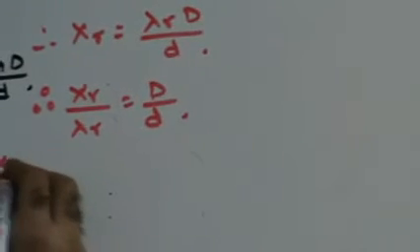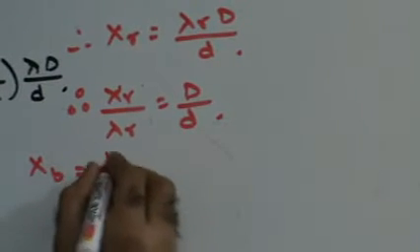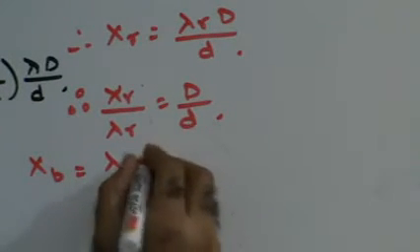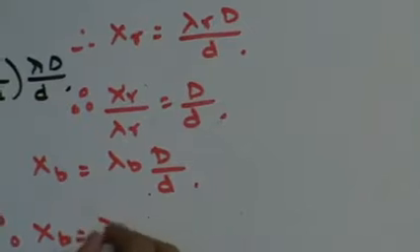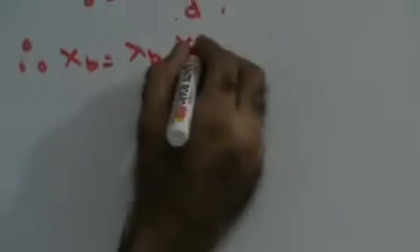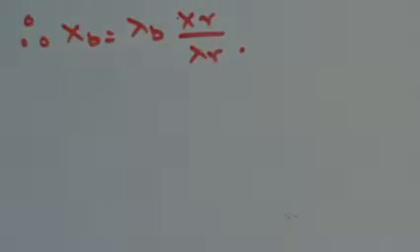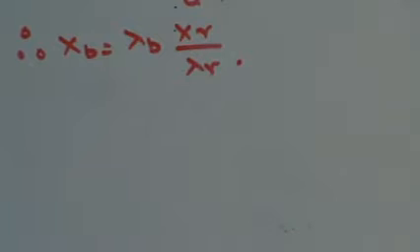Similarly, fringe width for blue light is lambda b into D by d. But D by d we have already calculated as xr upon lambda r. Therefore, fringe width of blue light is lambda b xr upon lambda r. xr upon lambda r I know, lambda b I know. I should be able to get the fringe width of blue light.